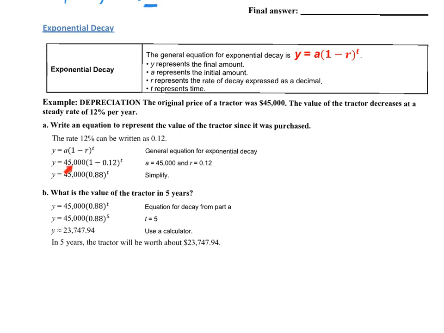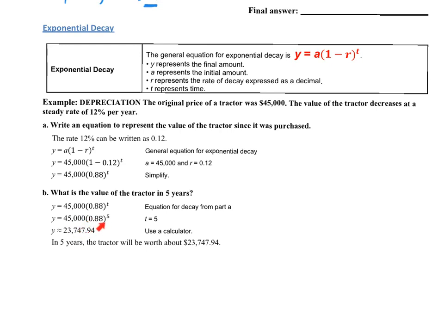So here, our initial amount is $45,000. As time goes by, the value of this tractor is going to go down. So 1 minus our 12% as a number, all to the T, is our new formula. Simplified, it looks like this: 45,000 times 0.88 all to the T. So I dump my 5 years into the T. This decay rate gets applied to this 45,000 5 times.